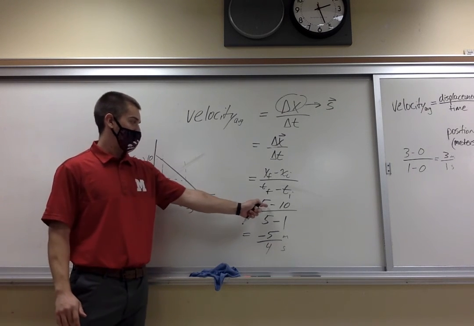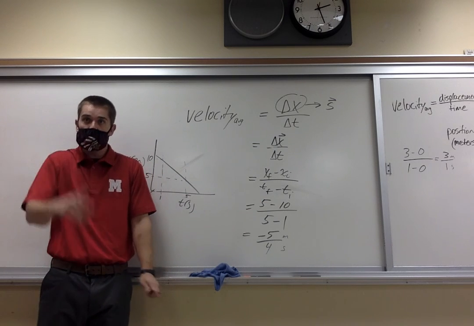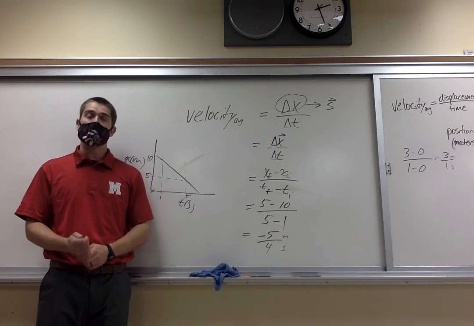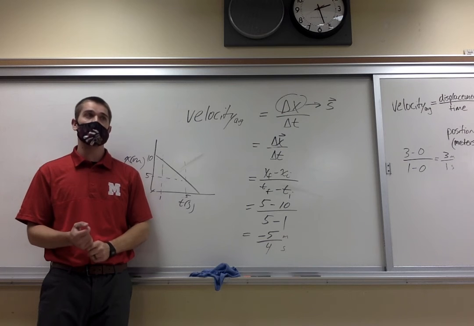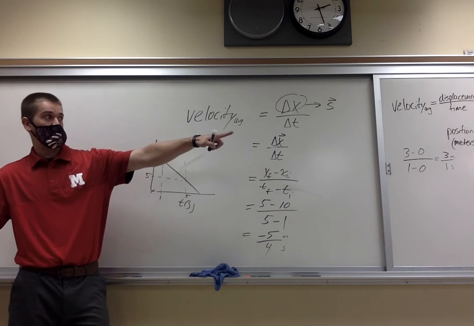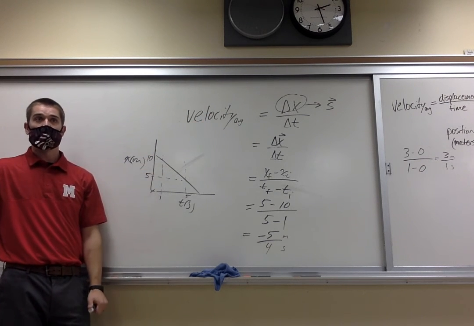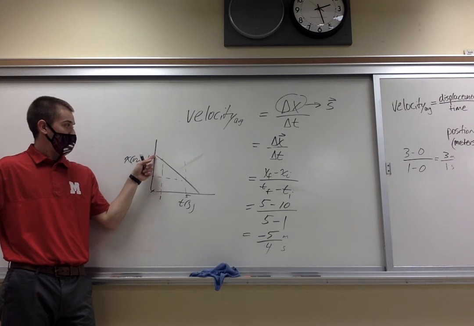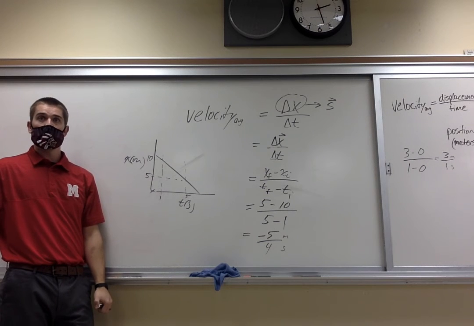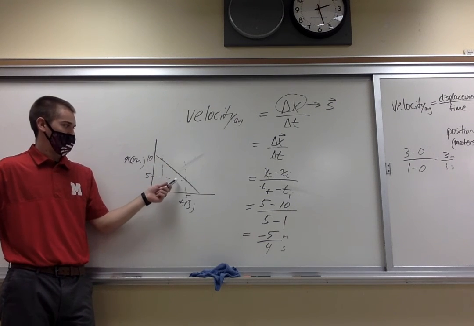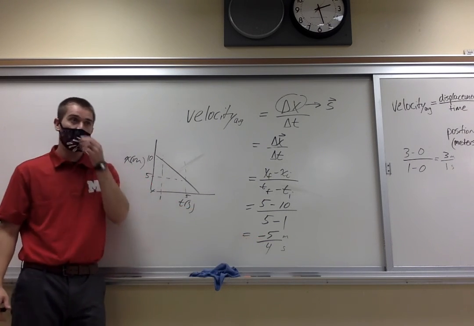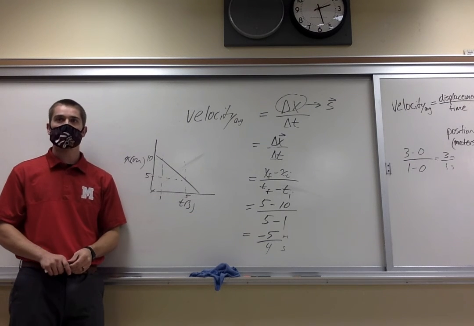Your position is moving backwards, and when you divide by time, your average velocity is negative, which means your average velocity is backwards. Because we defined this as 0, that's positive infinity. I start somewhere over there, and as time goes by, I move closer and closer to 0. So when I calculate the average velocity, on average, I move backwards 5 meters every 4 seconds.